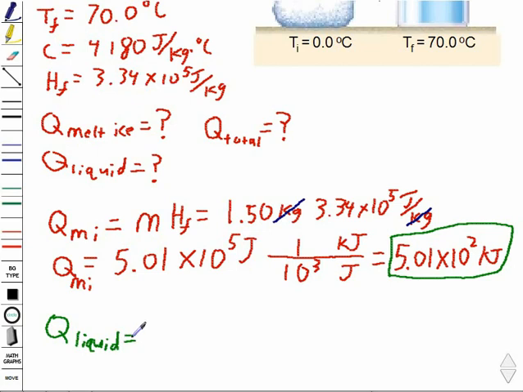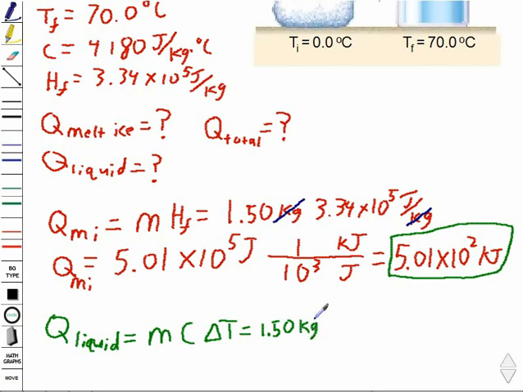So if you look back, when you're heating something in the liquid state, you take its mass times its specific heat times its change in temperature. So that's going to be equal to, again, my 1.50 kilograms.